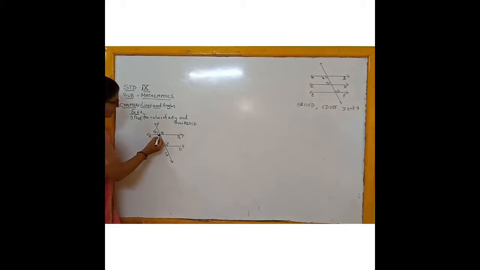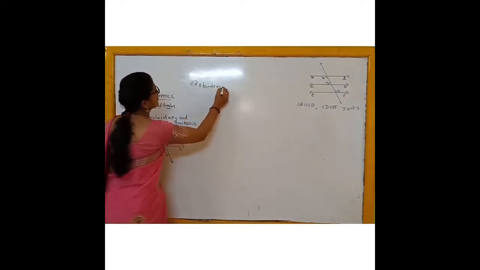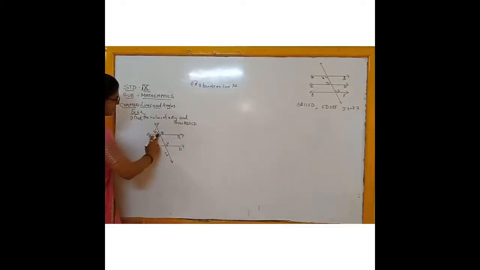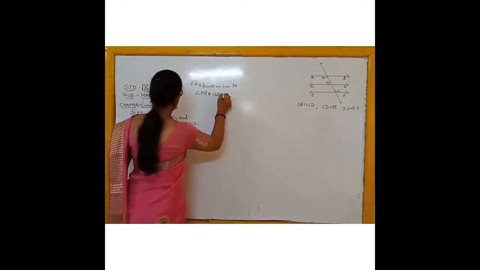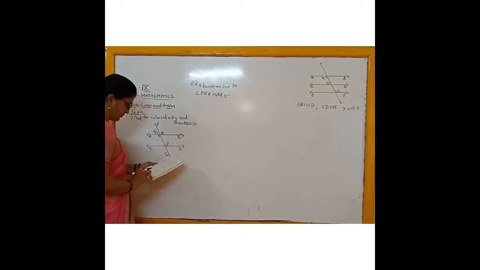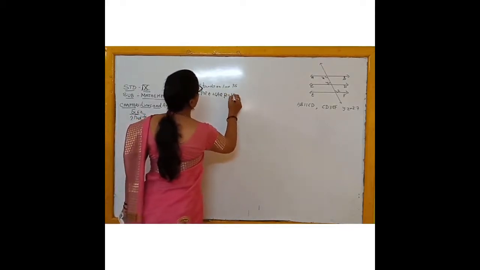Now what we do is, ray QA stands on line PS. Ray QA stands on the line, this ray standing on this side. So what will we write? Angle PQA plus angle AQR is equal to 180.